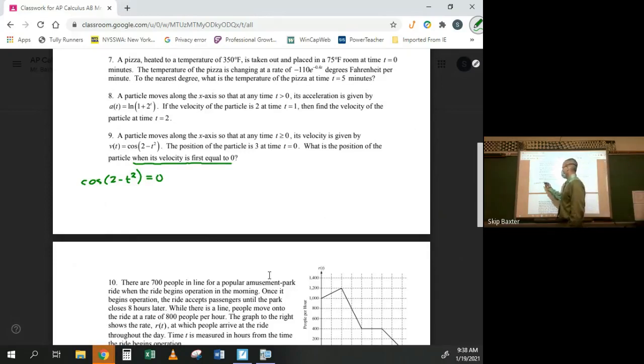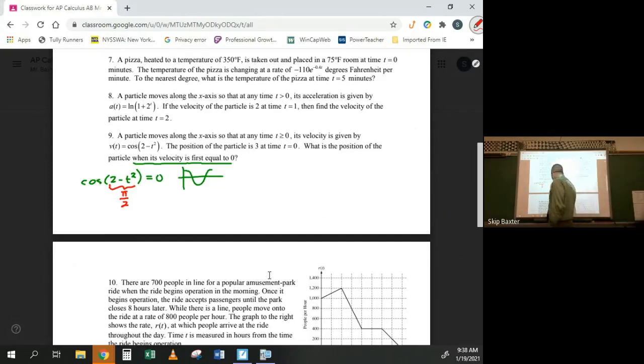So first of all, cosine. I know that the graph of cosine by itself looks like this, right? The first time that it equals 0 would be when the angle that you're looking at is pi over 2, right? 90 degrees. So when this right here is pi over 2, that's going to be the first time that the velocity equals 0. Does that make sense?